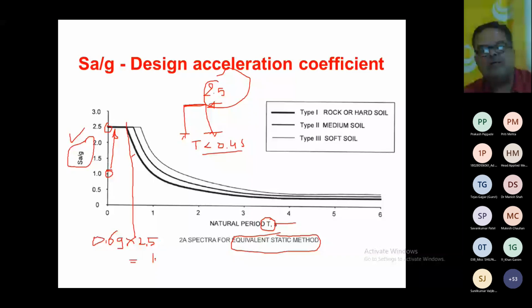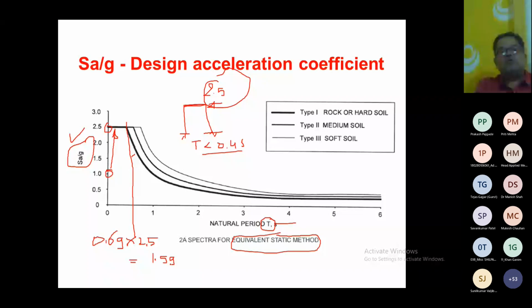It is 1.5 g. Remember, 1.5 g means the weight of the building is 1 g. Suppose the total weight of a building is 1000 kilonewton, for example, then 1500 kilonewton load is acting in the horizontal direction. Now imagine how much load is acting in the horizontal direction.